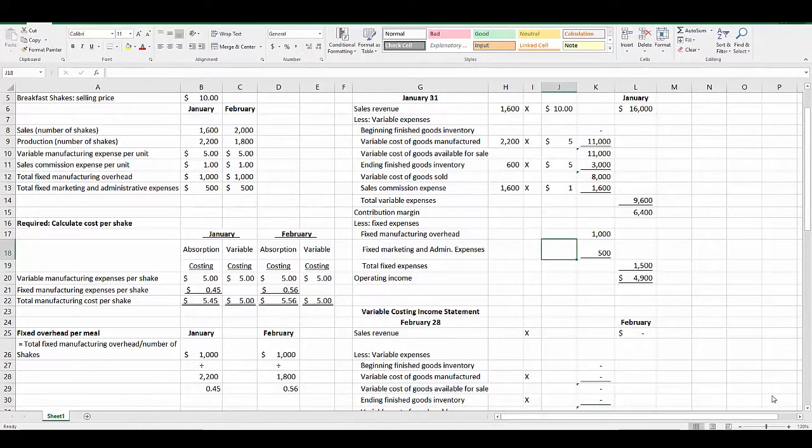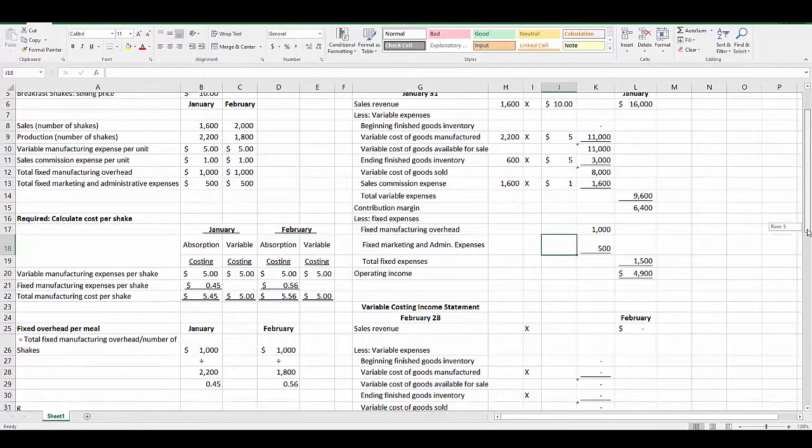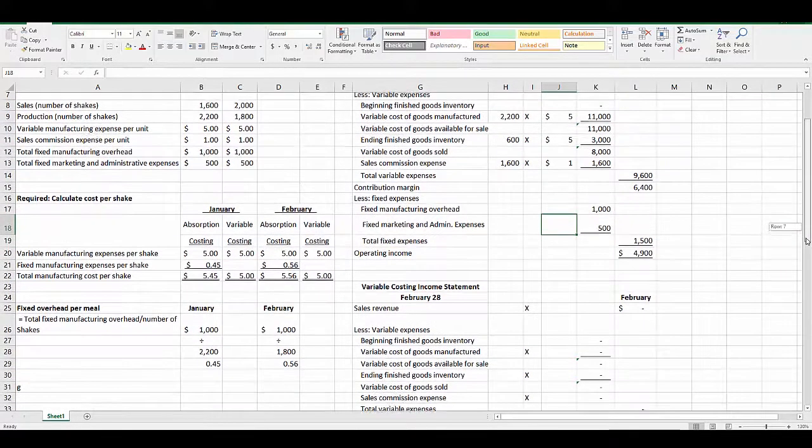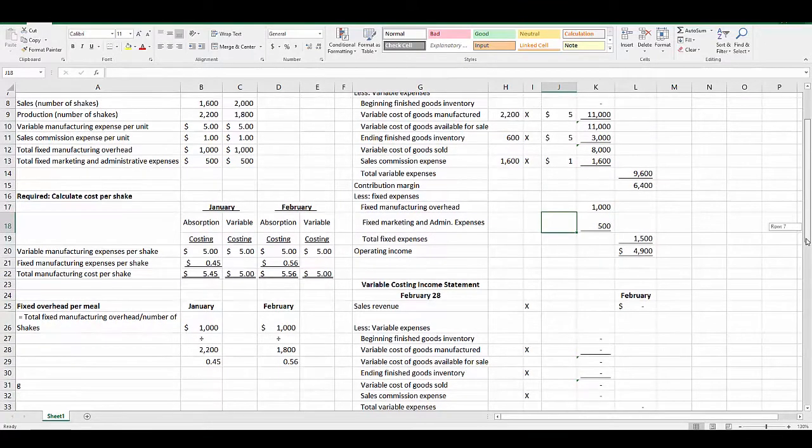So the next thing we're going to look at is the month of February, and we're still looking at the variable costing approach. And the main reason we're doing the month of February is so that you can see the impact of the goods that you had finished at the end of January, the impact of bringing that into the February month.